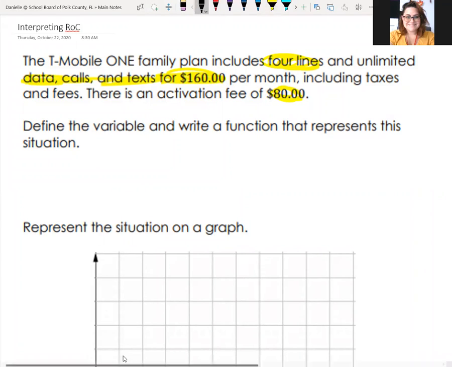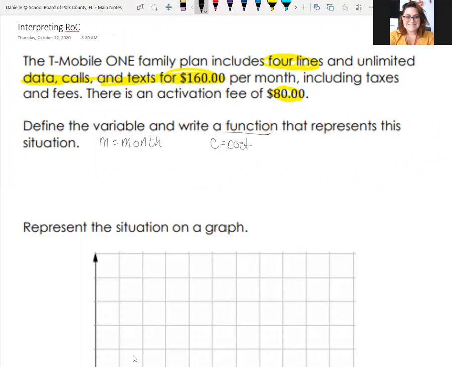So what we need to do is write the variable and write a function that would represent this situation. Let's use M for month and C for cost.